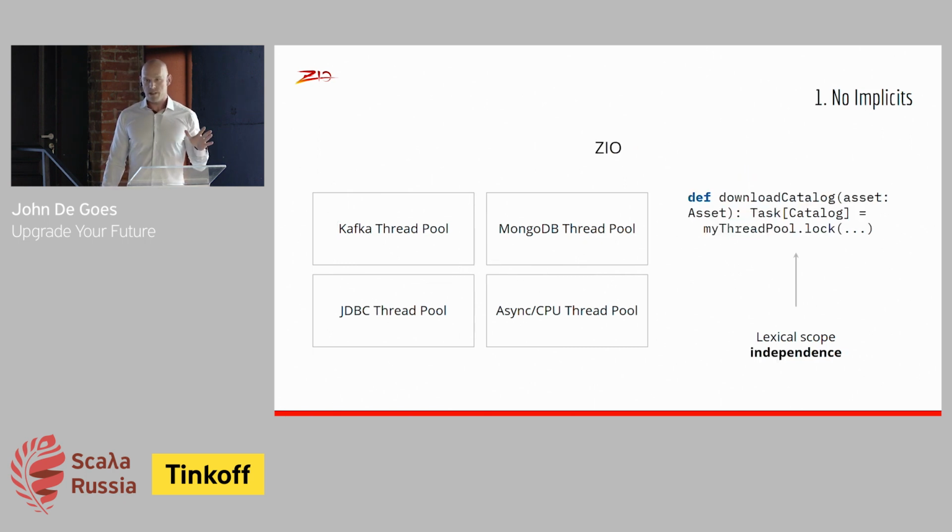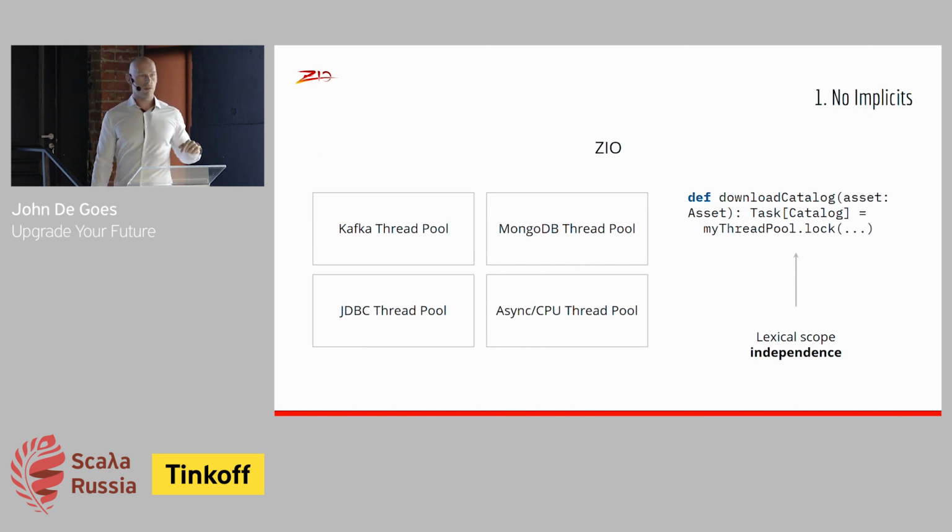So what Zeo does is, if you want an effect, a feature, if you will, to run on a specific location, you call an operation called lock. And lock lets you specify this thing should be locked to that specific execution context.